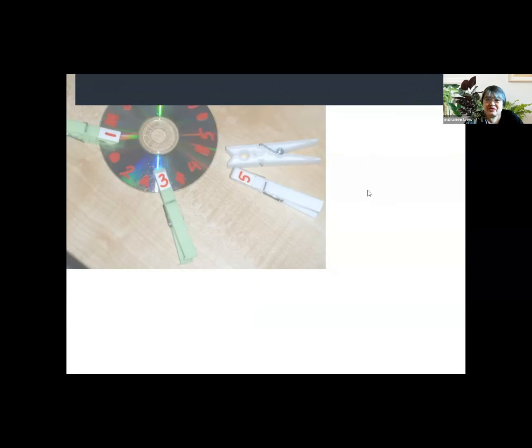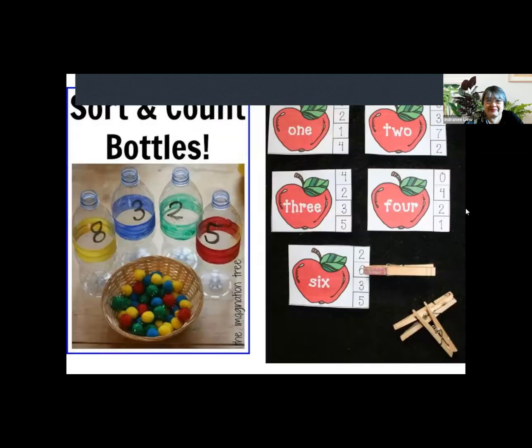They can still be used. Okay, here. These are water bottles you can get anywhere. So 8, 3, 2, and 5, the children will put the fuzzy balls inside. Here, I will try and dig out my files to send this to you. You can print this out.